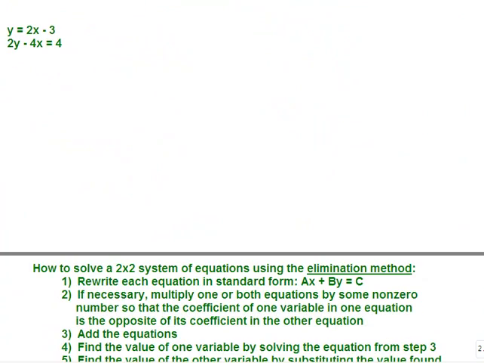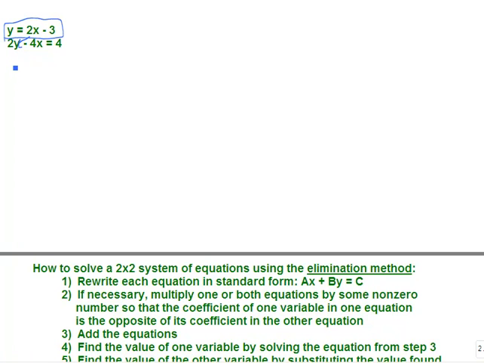Okay, let's try one more example with substitution. On the next example, remember you're trying to find one variable that looks easy to solve for, and in this top equation, y is already solved. So I'm going to go ahead and put my box around that equation, and I'm going to substitute in 2x minus 3 right in for this y.